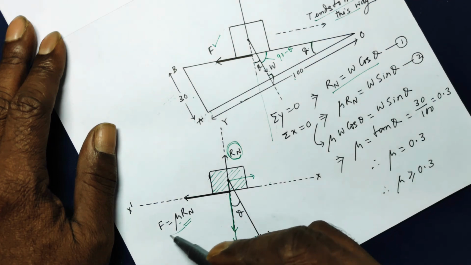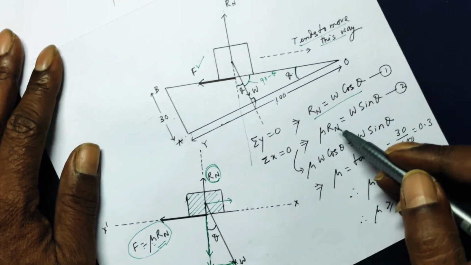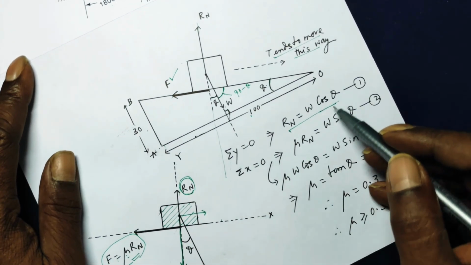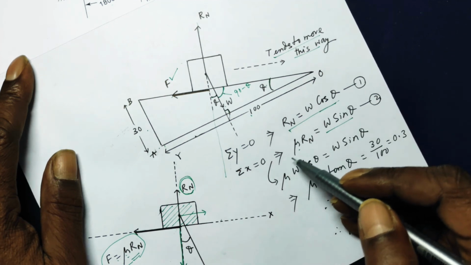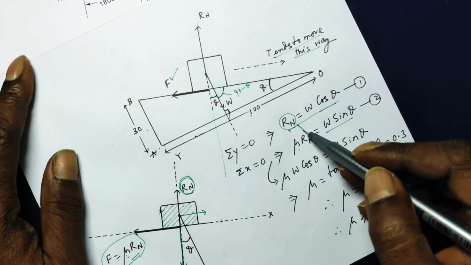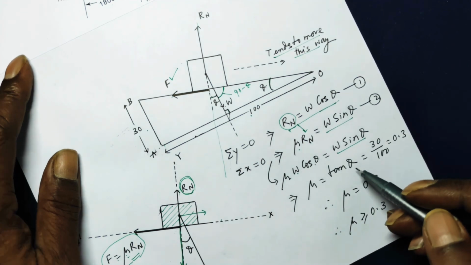That will be balanced by the force of friction, mu times Rn. So Rn is W cos theta, mu times Rn is W sin theta. Put the value of Rn here, so you get mu times W cos theta is W sin theta.